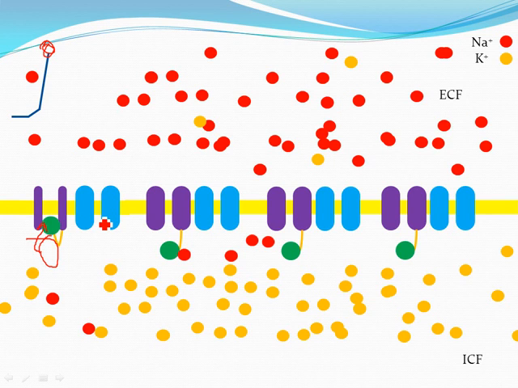Because if it was still open, then more sodium would come in and this would keep on rising up and up, but we don't want that. So now that it's closed, sodium can't get through. And notice how when the sodium went through, it caused the membrane potential on the inside to become more negative or positive?